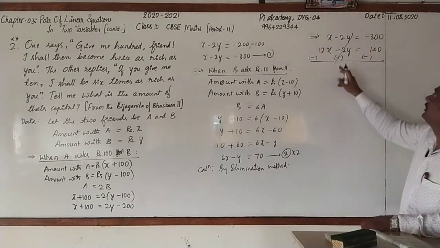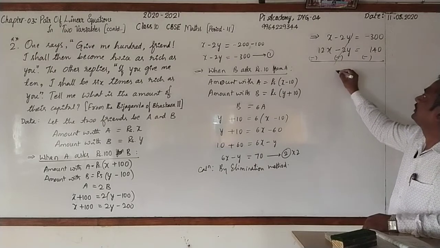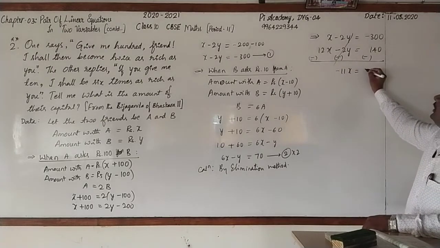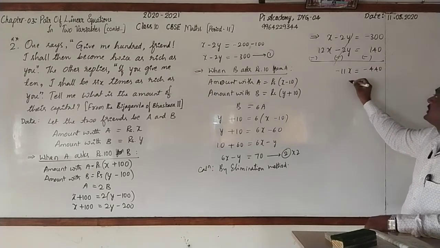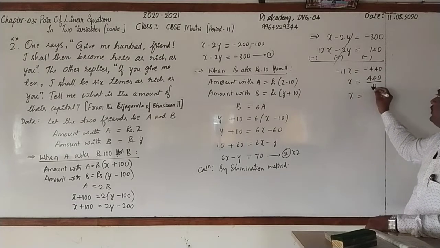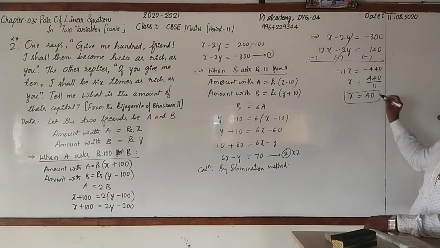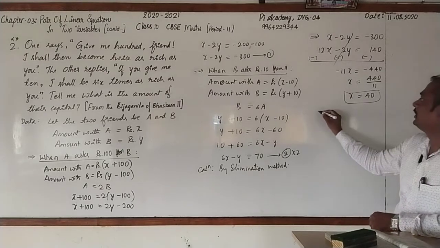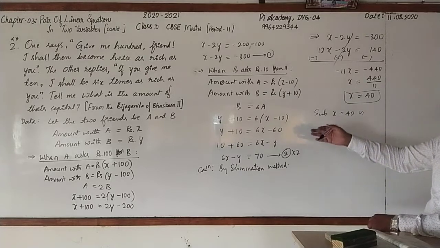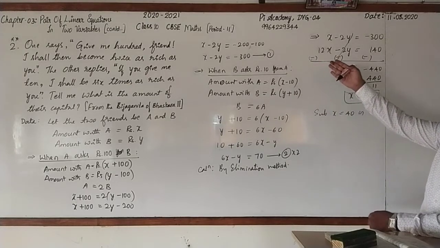These two get cancelled. x minus 12x is minus 11x is equal to minus 300 minus 140, minus 440. Minus, minus get cancelled. x equal to 440 by 11. x equal to 11 fours are 44, then 0. x equal to 40.